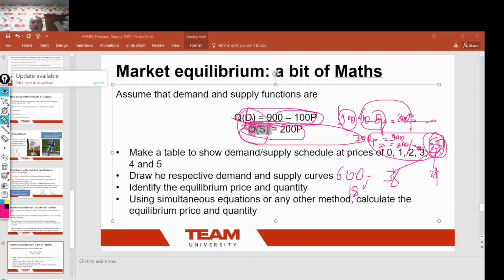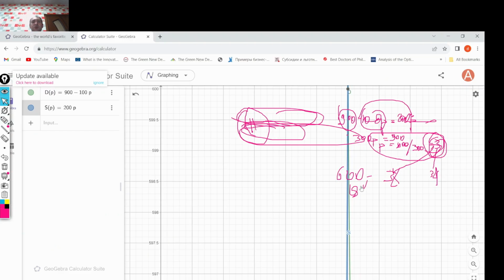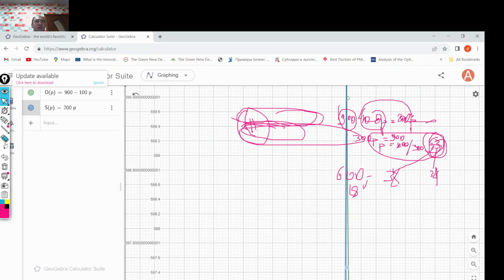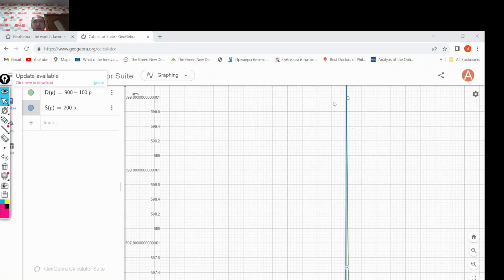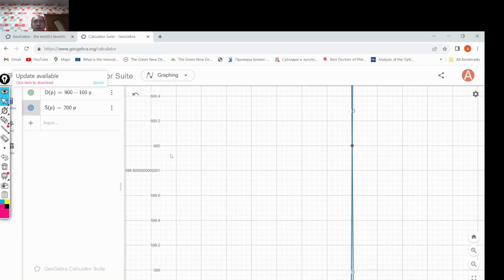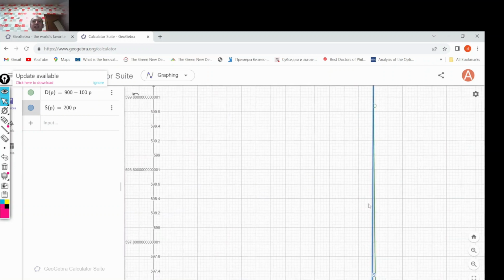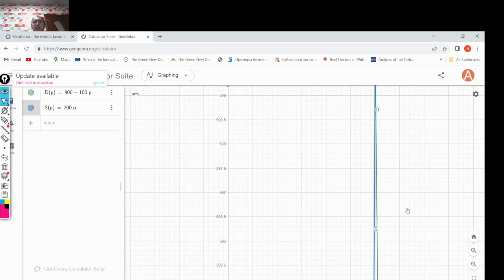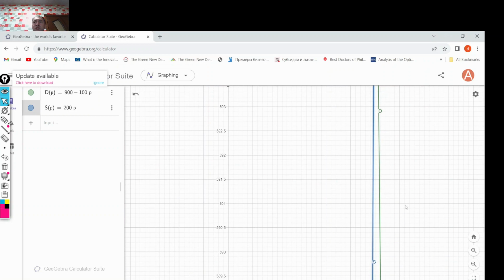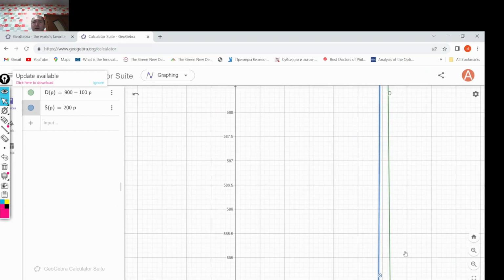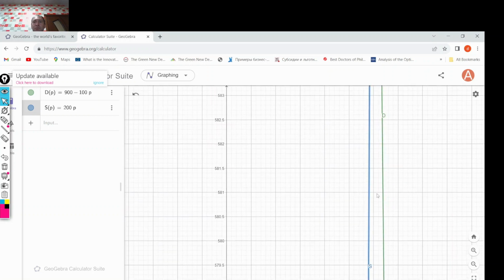And GeoGebra proves our intuition, right? It says that the equilibrium quantity is some high number, that 600 amount. But because we have that funny scale, we cannot quite tell the equilibrium price just by looking at what happens on the GeoGebra plane.